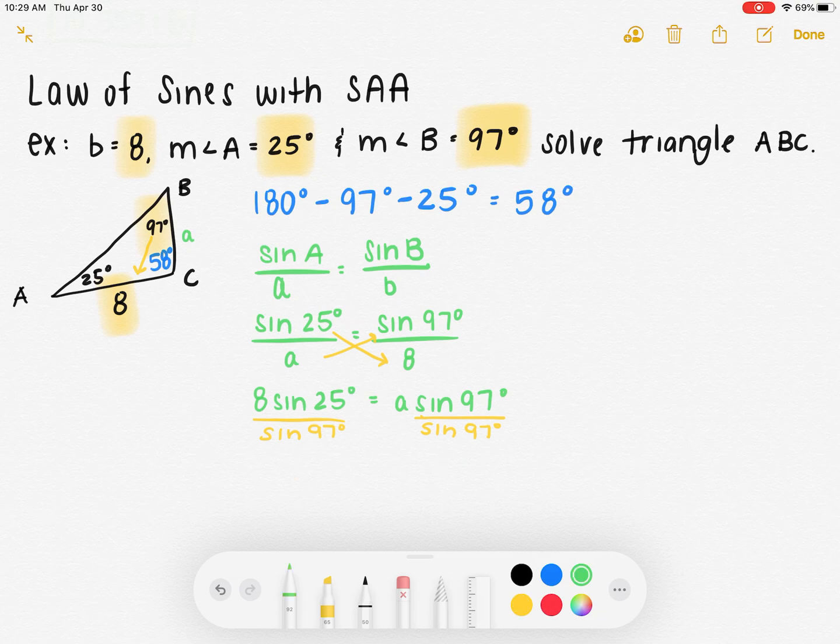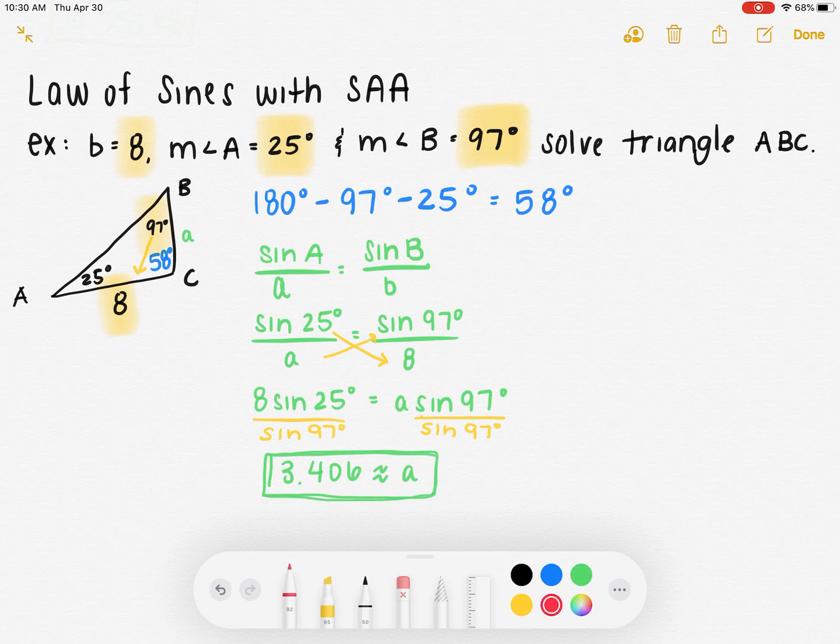And when I type that entire thing into my calculator, I get that A is 3.406 approximately. It's a decimal that goes on and on forever, so I'm just going to pick 3.406.